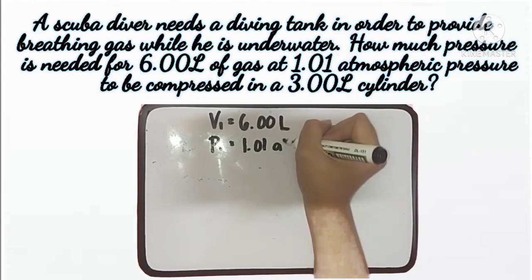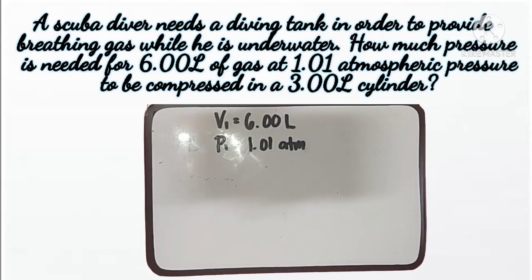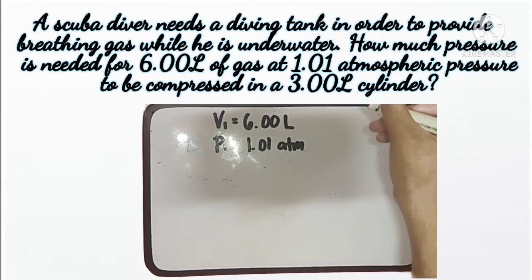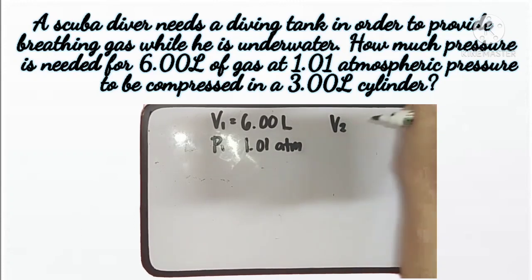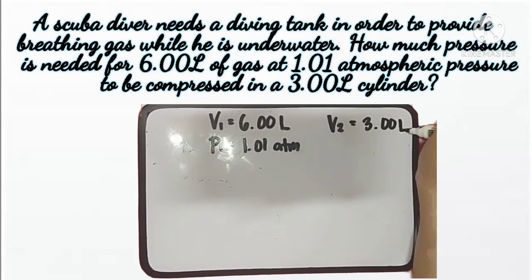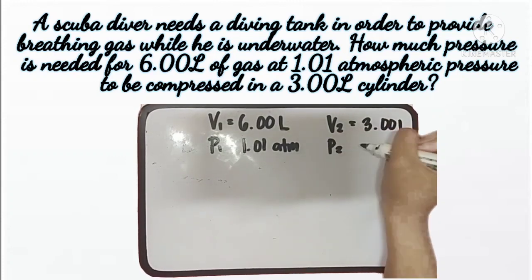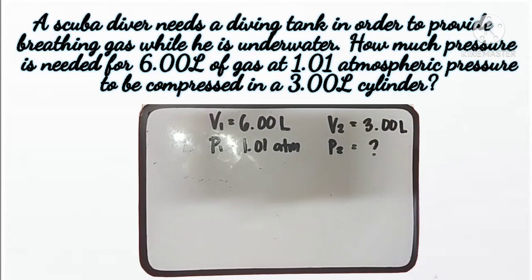And the gas must be compressed into 3.00 liters, making it the final volume. Thus, we are looking for the final pressure. So what we're going to compute from this problem is the final pressure.